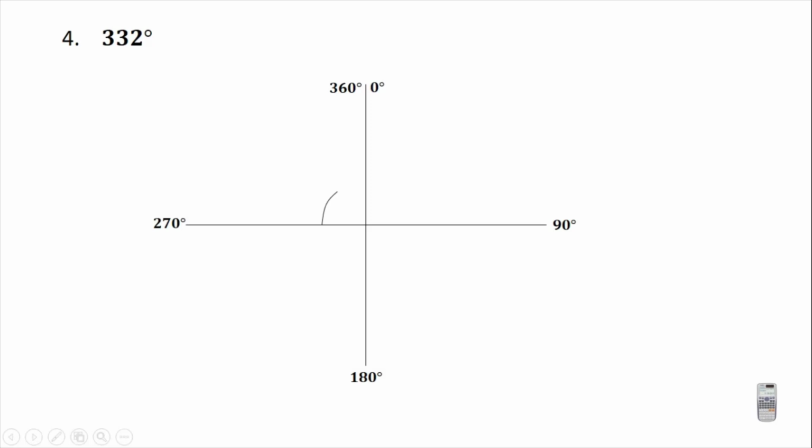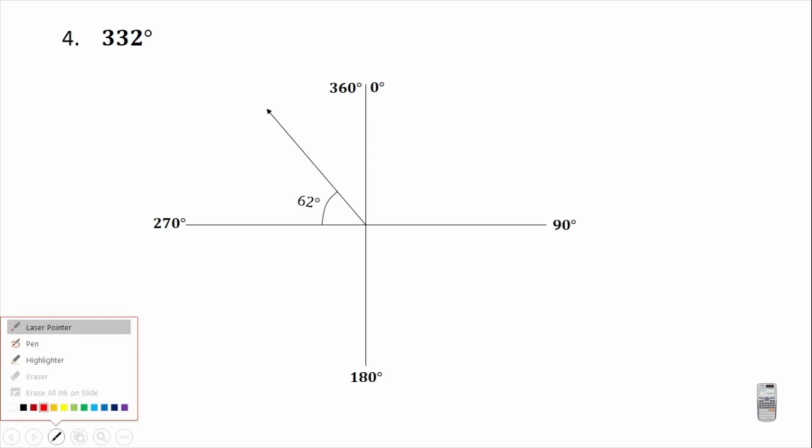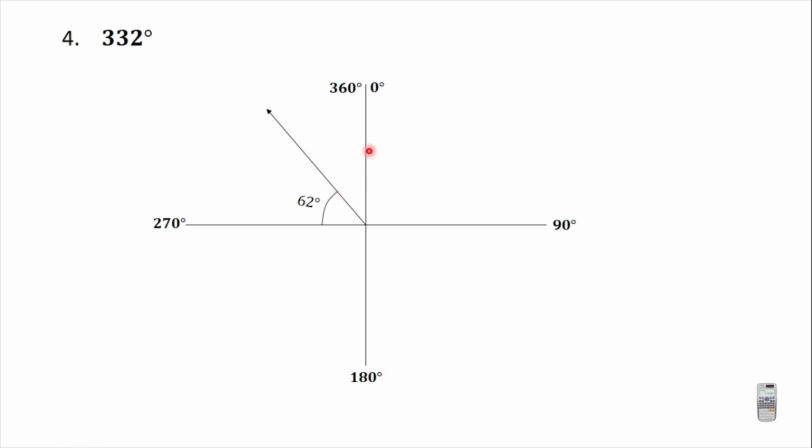So 62 is big, so you draw something which is big enough, then you draw your line through it and you indicate here 62 degrees. So it means that if you are measuring from the 0 in the clockwise direction, you measure to this point 90 degrees, 180 degrees, 270 degrees.